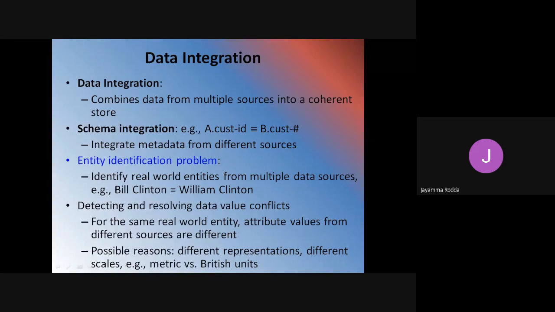So let us see in detail what this entity identification problem is. There are a number of issues to consider during data integration, and the schema integration problem is due to object matching, which is a tricky process.